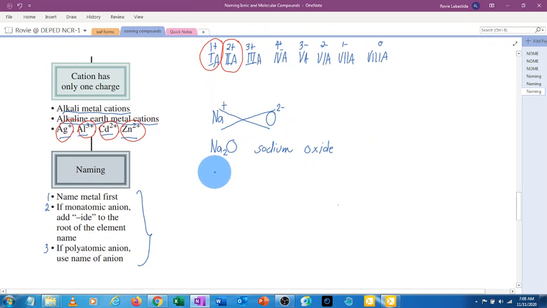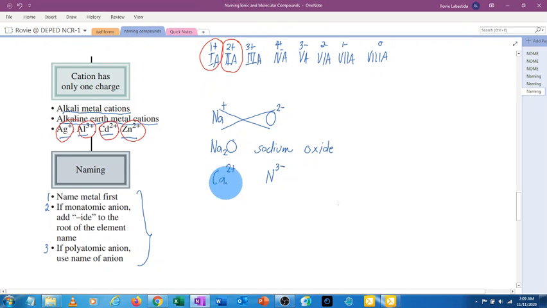Alright, let me give you another example. So, let's say we have Ca2+ and we have N3-. Okay, if you're going to ask where did you get the numerical values for the net charges, again, we go back to this one, right?